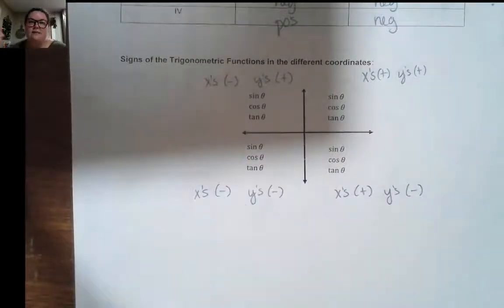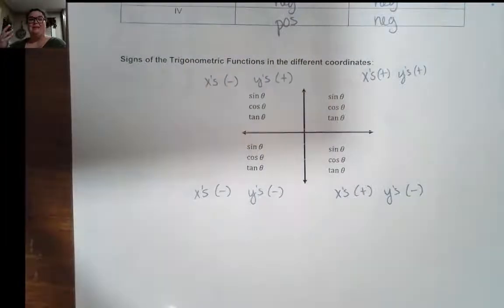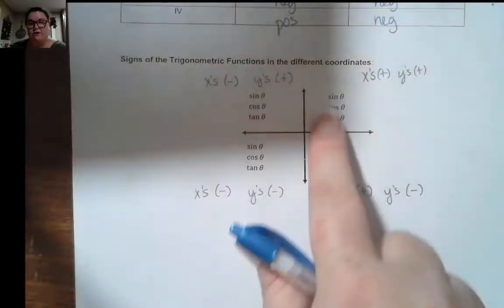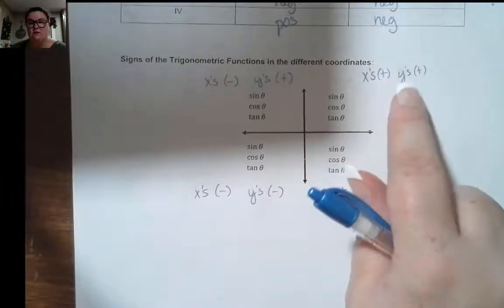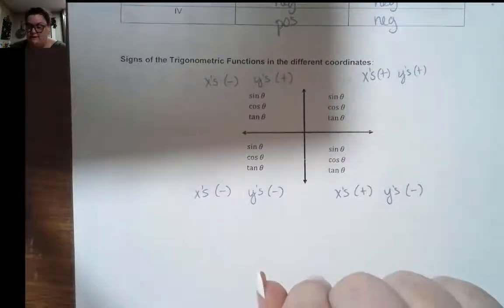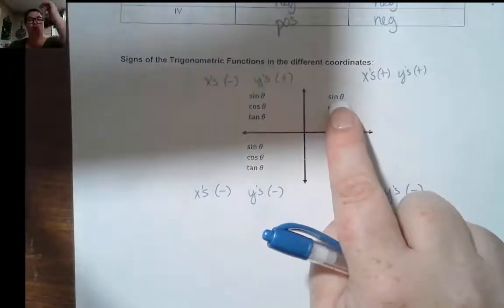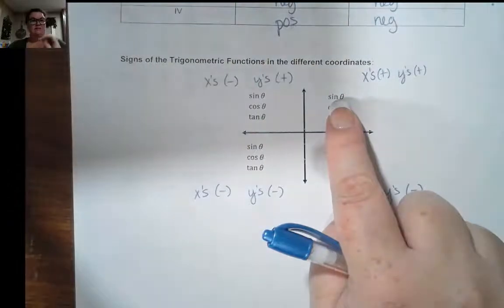Now, why is this important? Because we can easily determine the sign of the trig function just by thinking about the x's and the y's, right? Because the sign values are going to be determined by the y, because sine is y over r, and since r is always positive, it's not going to affect the sign of the sine.